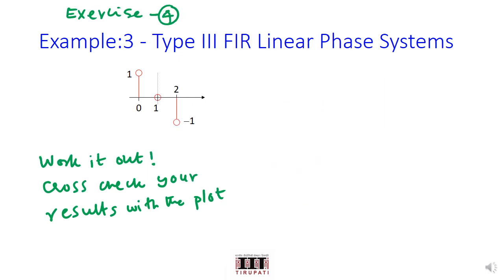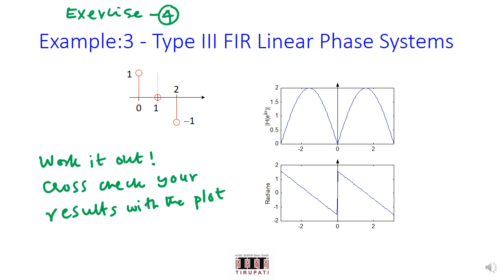The 4th exercise for you is a type 3 FIR filter. Again, get the analytical expression, try it using pen and paper, and you are encouraged to do it in MATLAB, and then you should be getting this result. If you recollect, a type 3 FIR filter will have zeros at plus or minus 1.